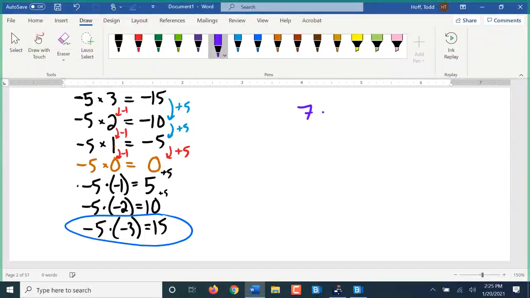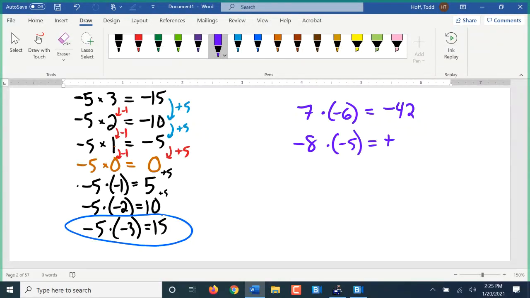So if I have 7 times a -6, is the answer going to be positive or negative? Negative. We have a positive times a negative, that's a negative. What's 7 times 6? 42. Good. -8 times -5. Positive or negative? Positive.